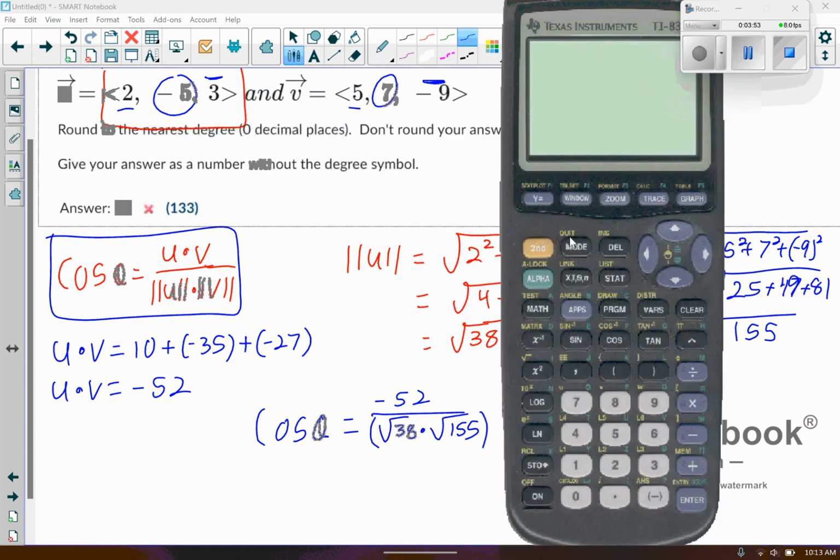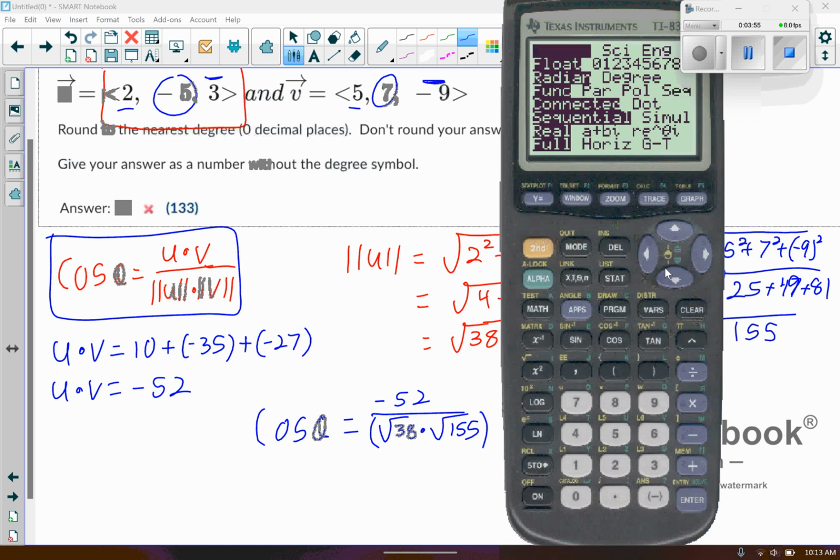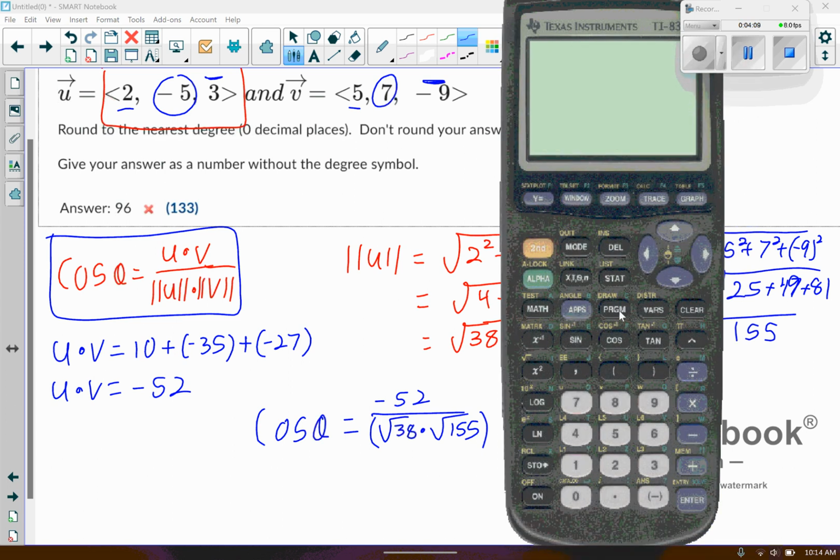First I need to make sure I'm in degrees. I want my answer to come back in degrees, because they said they want degrees. Okay, so I'm in degrees. Then I can figure out the denominator real quick and plug it in. Square root of 38 times the square root of 155.